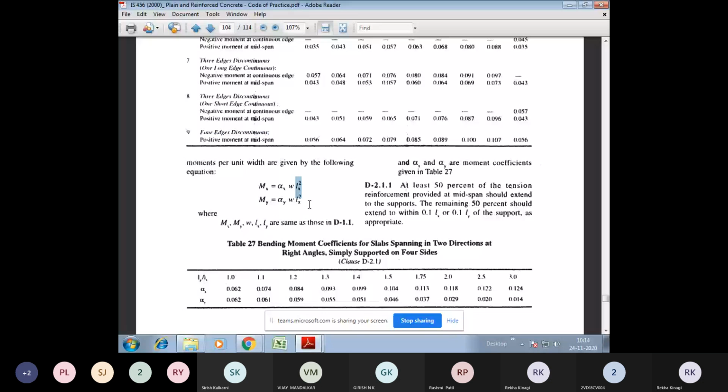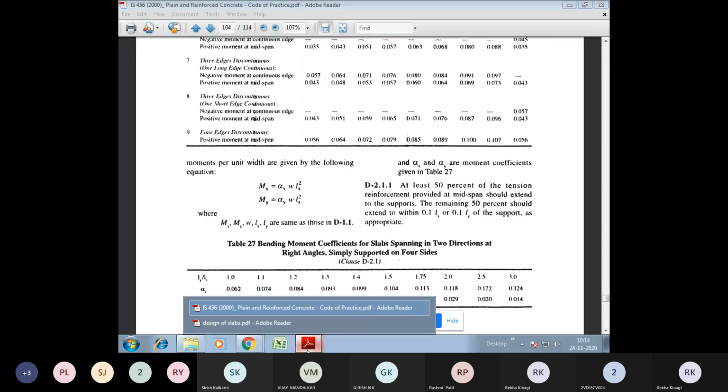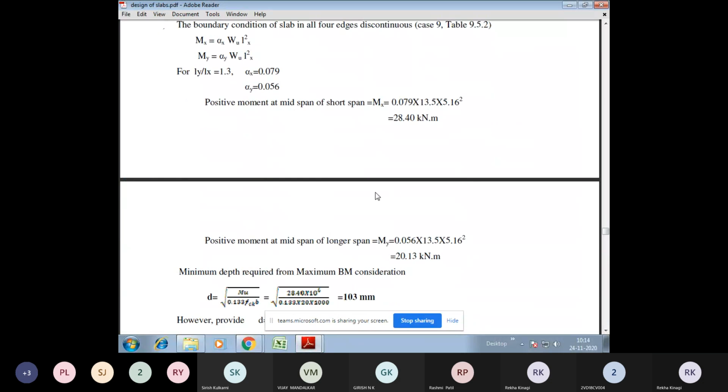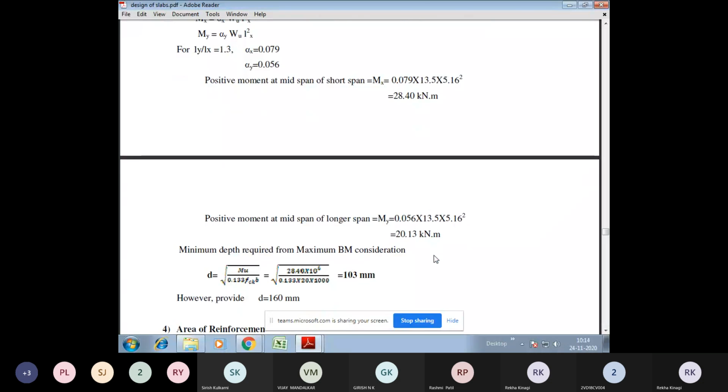Even if you consider My, you need to consider alpha y, but instead of Ly, you need to consider Lx only. So remember, whether it is Mx or My, you are supposed to consider Lx, that is shorter span in the calculation of bending moment. And next we have got the positive moment Mx as well as positive moment My.